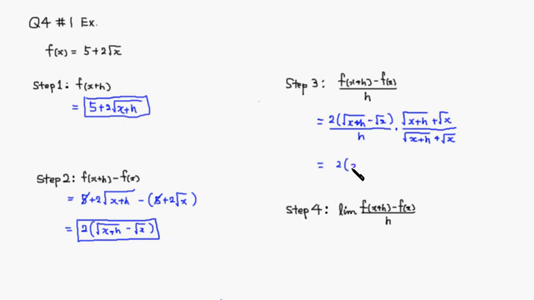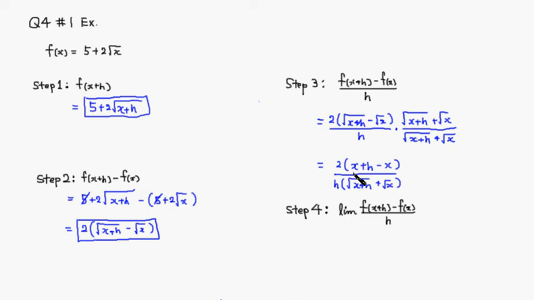That's going to be just x plus h, minus square root of x squared, which is just going to be x. Then on the bottom, you still have h, times quantity square root of x plus h plus square root of x.